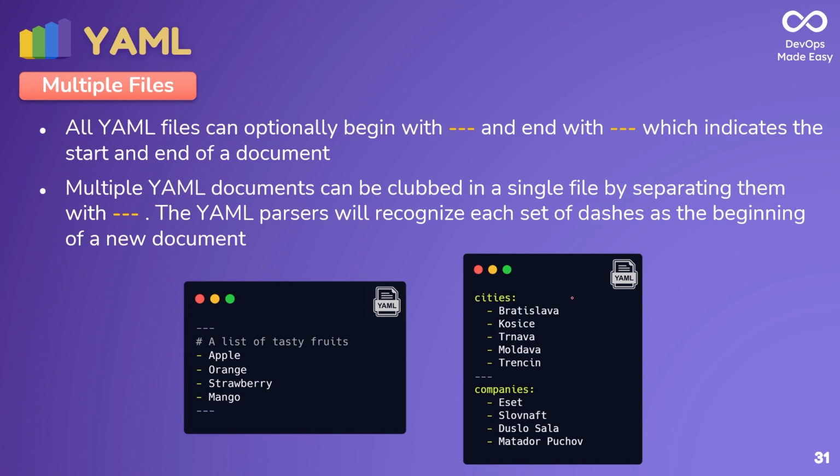YAML parsers can recognize these as different YAML documents with the help of the three hyphens. I can club a pod YAML, a service YAML, and a config map YAML all in a single file, or else I can have them in different YAML files. So there are two possibilities.